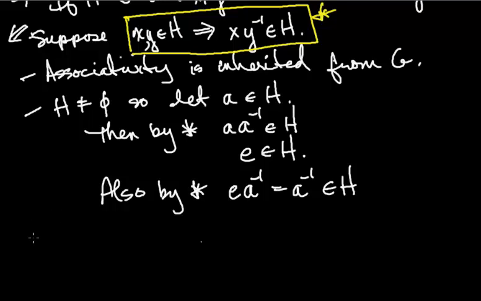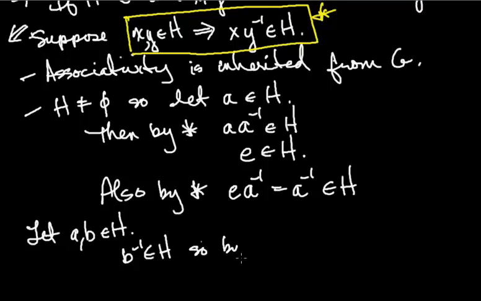So to get closure, let A and B be in H, and of course we want to show that A B is in H. Well, I know that B inverse is in H because we proved it above.